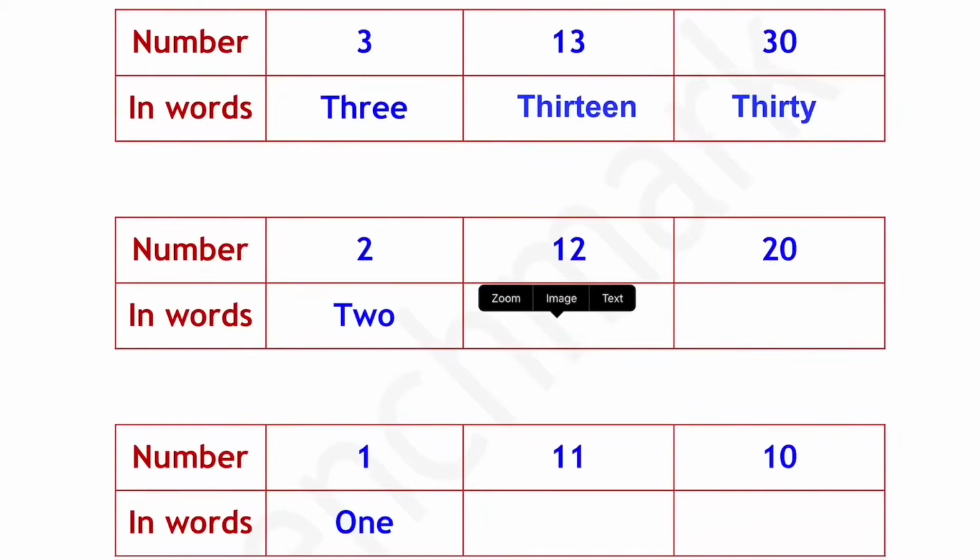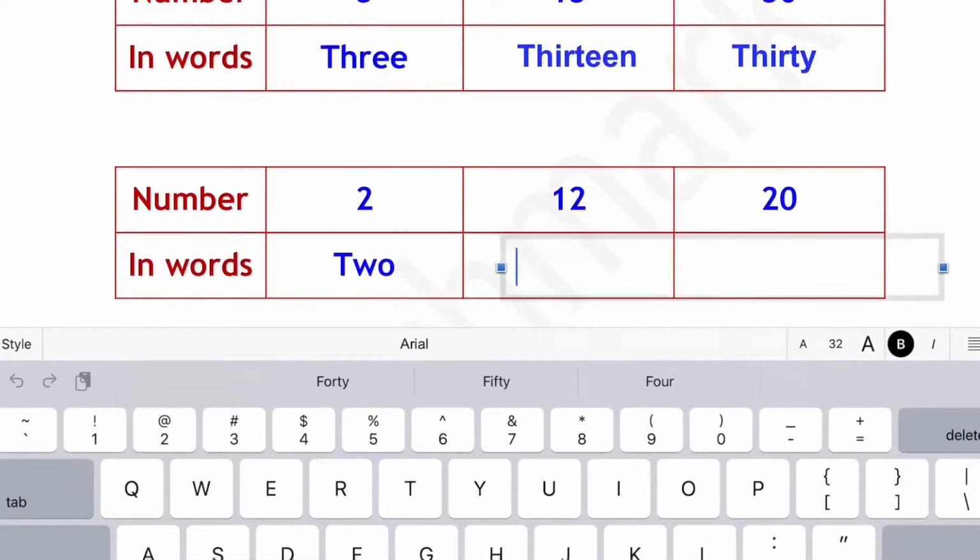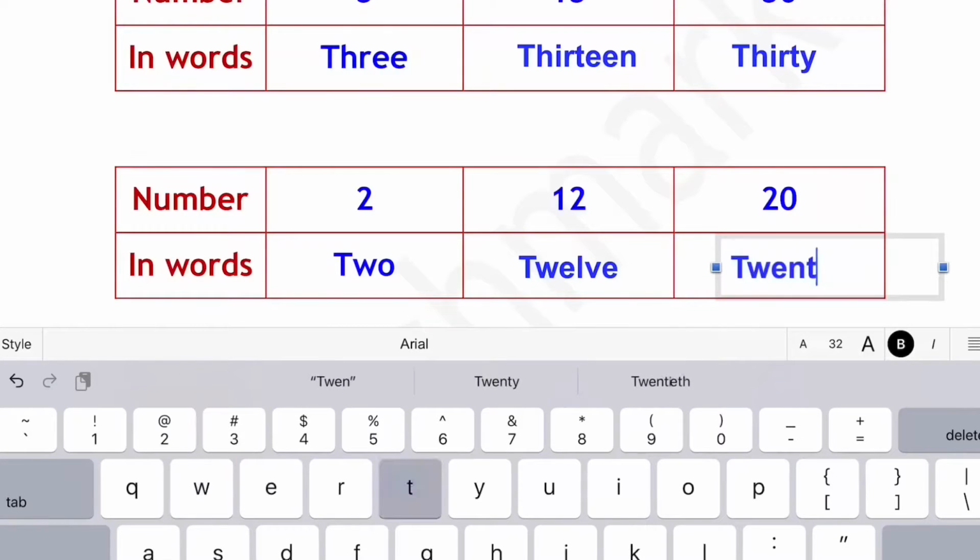Look at digit 2. When 1 is kept in front of 2, it's sort of a totally different word. It is 12, TWELVE. And then when 0 is kept after 2, it is 20, TWENTY.